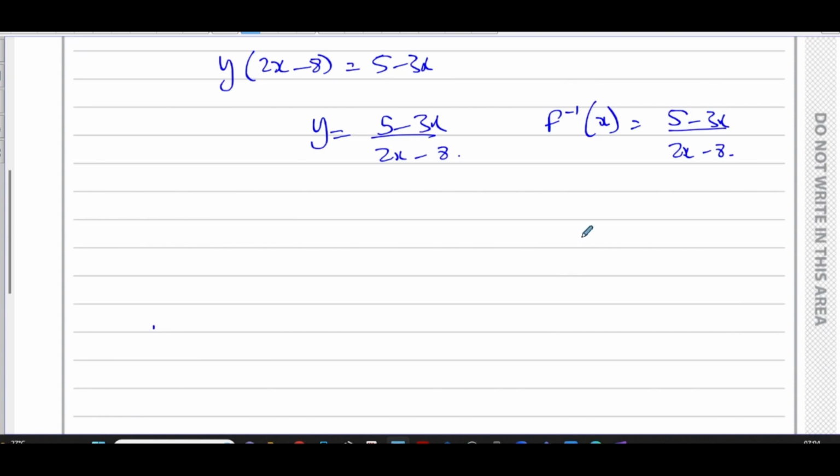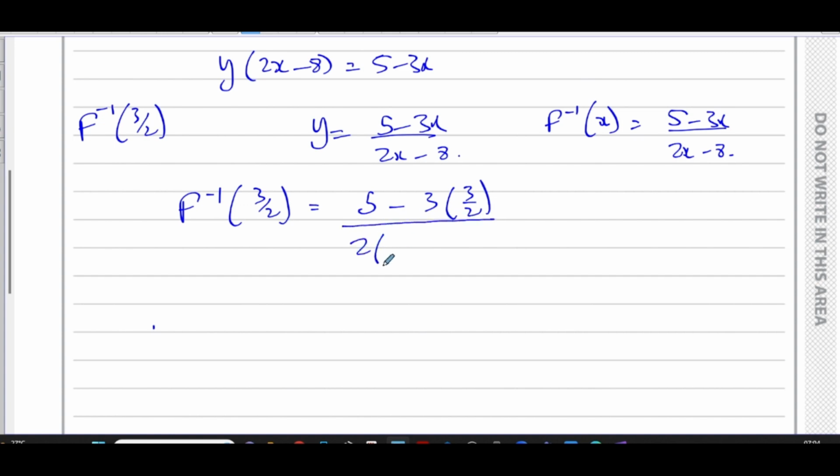So then what we have to do is substitute 3 over 2, because remember, our objective was to find inverse f of 3 over 2. So we have to substitute this into the inverse function. So instead of x, I'll write 3 over 2. So you have 5 minus 3 times 3 over 2, over 2 times 3 over 2 minus 8.